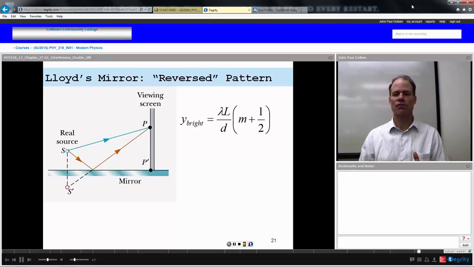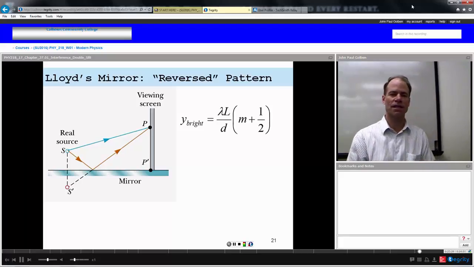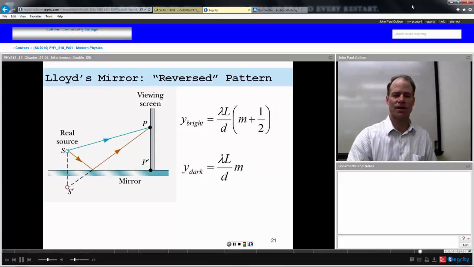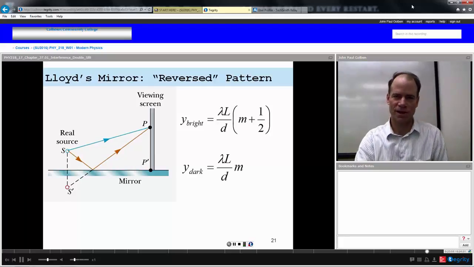We get bright fringes at lambda L over d times m plus 1/2, and dark fringes at lambda L over d times m. This pi phase reversal reverses the phenomena. It's half a wavelength, because pi is half of a full cycle, 2 pi, and that gives us another half wavelength, reversing our formulas for the bright and dark fringes.